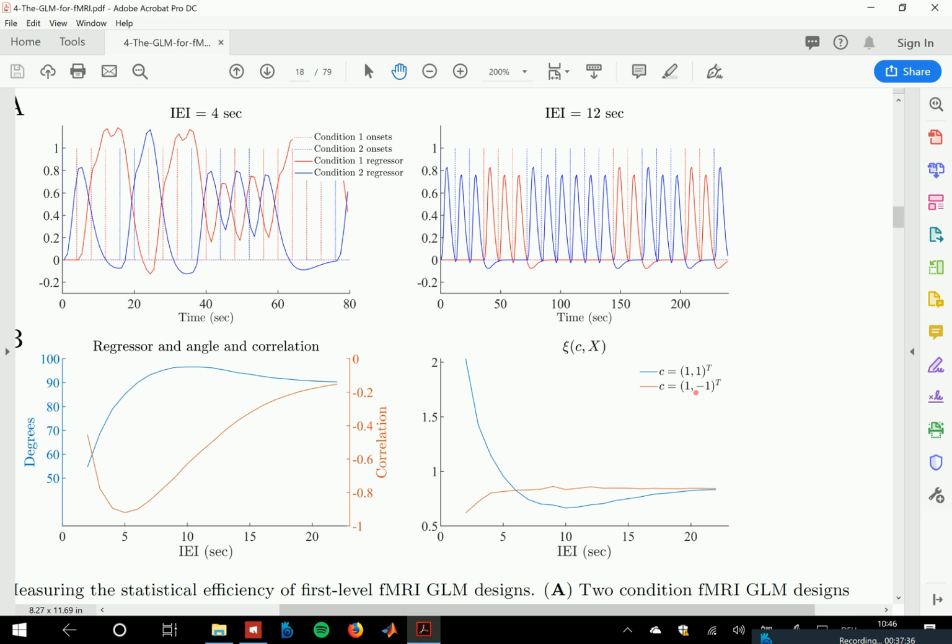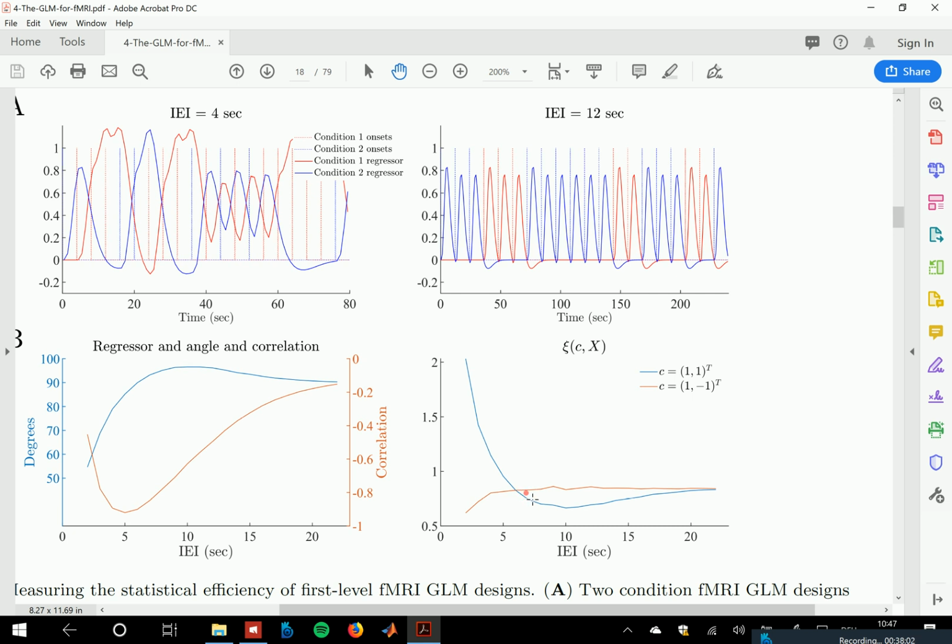If you are interested in actually finding differences in this event-related design, so this is now not talking about blocks where you do some rest and then another block of the other condition, but you intermingle them like in a typical event-related design, then you should rather use a little bit more inter-event interval.